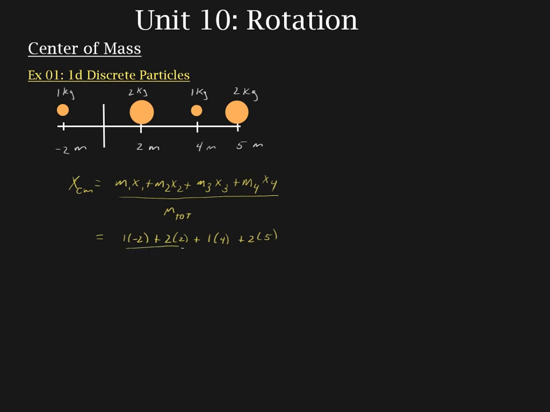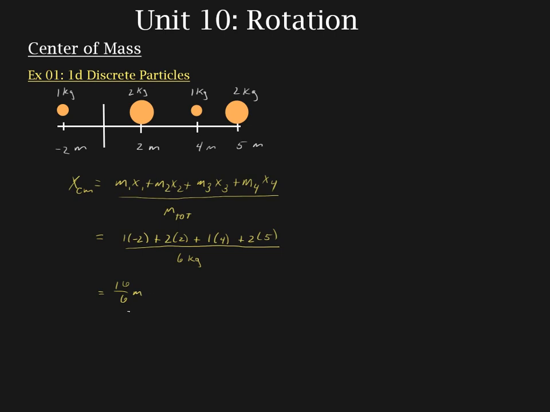And that's all going to be divided by 2 and 2 is 4 plus another 2 is 6. So that's going to be 6 kilograms. All right, so we get minus 2 plus 4 is going to give us 2. So 2 plus another 4 is 6, and 6 plus 10 is 16 divided by 6.